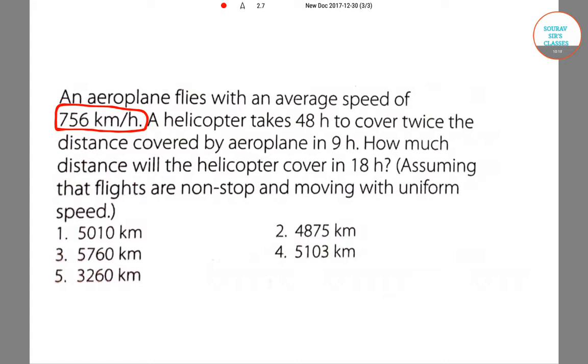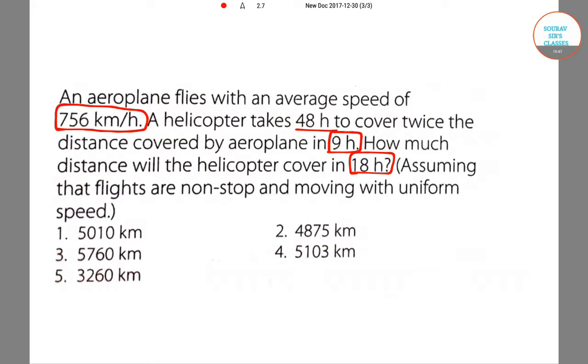Now a helicopter takes 48 hours to cover twice the distance covered by aeroplane in 9 hours. Now we have to find how much distance will the helicopter cover in 18 hours, assuming the flights are non-stop and moving with uniform speed. And here 5 options are given and we have to choose the right one.